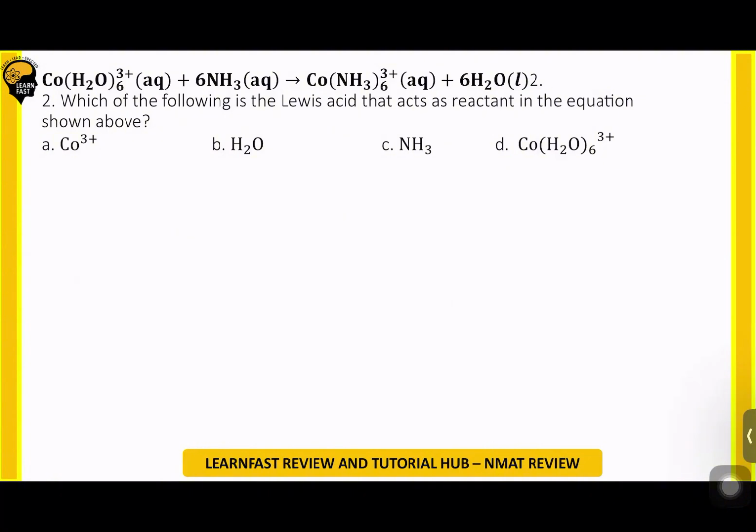Remember, for acids and bases, we have several common theories. We have the Arrhenius, the Bronsted-Lowry, and then the Lewis definition. So a Lewis acid is defined as a substance that accepts electrons in an acid-base reaction.